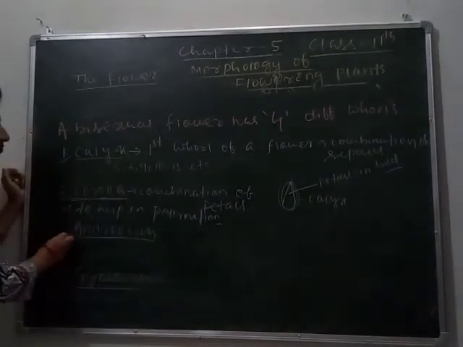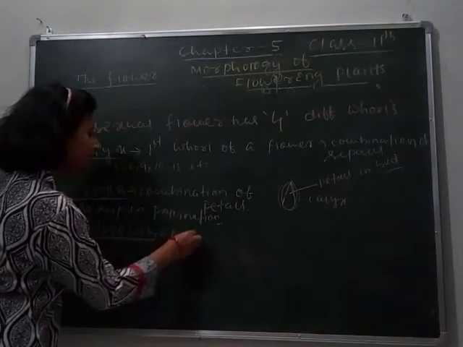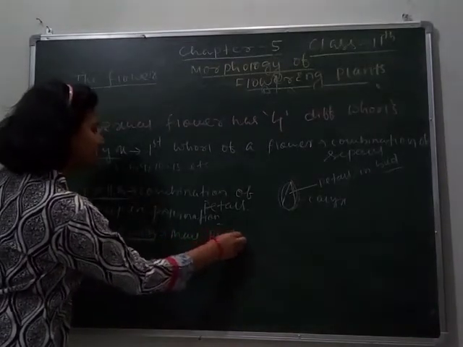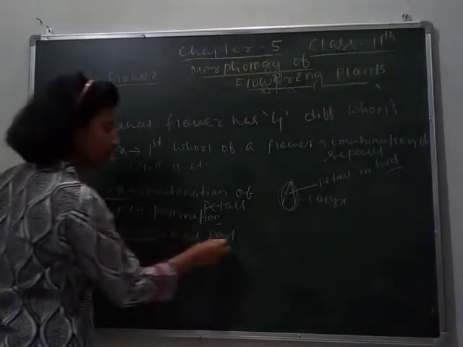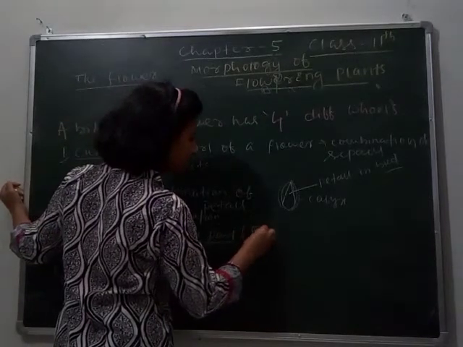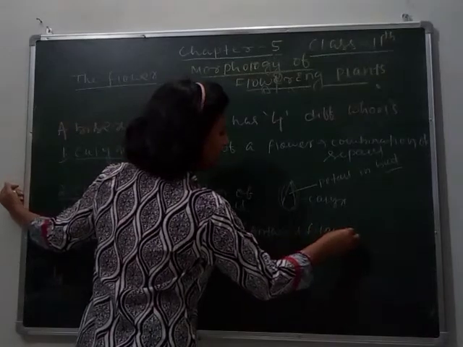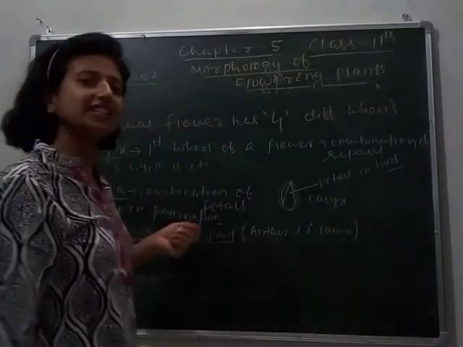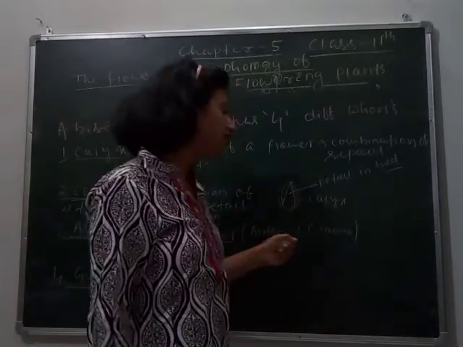Next is your androecium, which is the male part. Androecium is the male part and this is the third whorl. First whorl is calyx, second whorl is corolla and third whorl is androecium. This is called male part and it consists of anther and filament. Inside the anther, pollen grains are formed and they contain the male gametes which help in the fertilization.